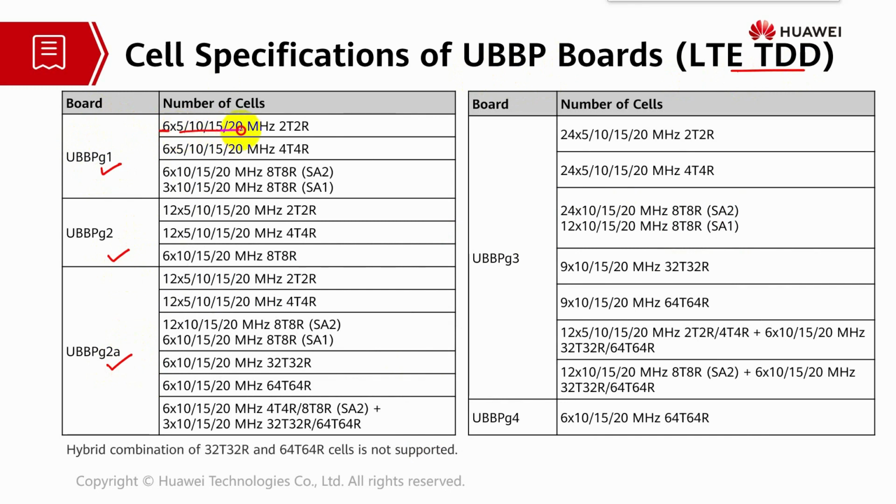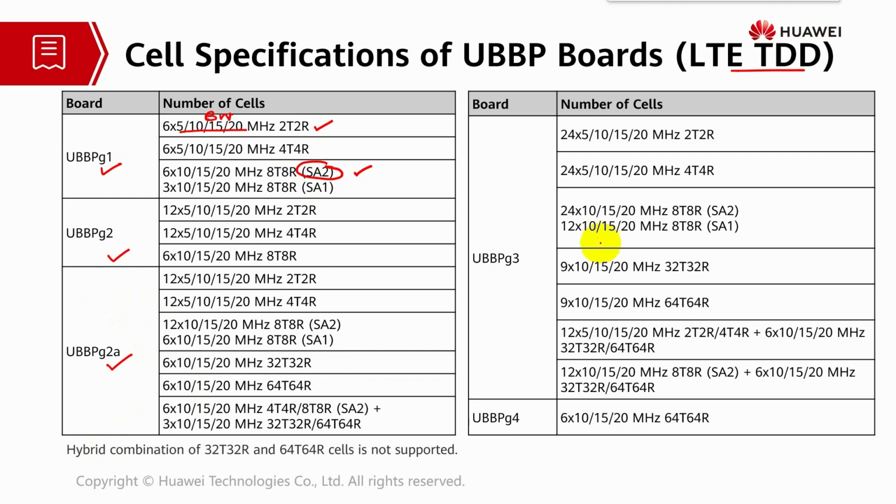The second digits are the bandwidth, and also they give information about how many TX and RX can be supported here. On the other hand, SA2 stands for subframe assignment. So this is also one of the solutions for this particular model. Different models or versions have different capacity.